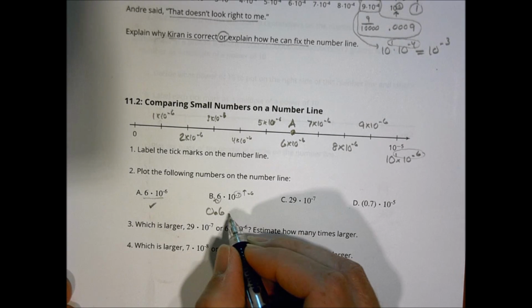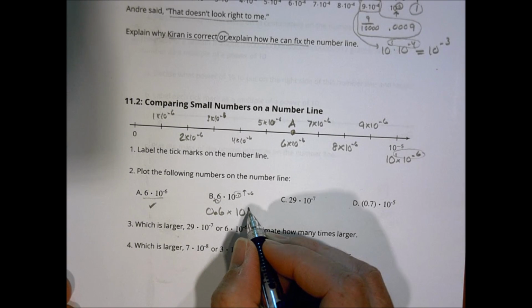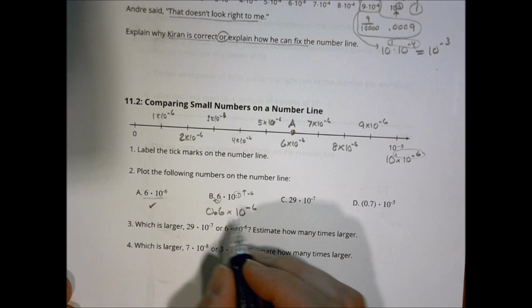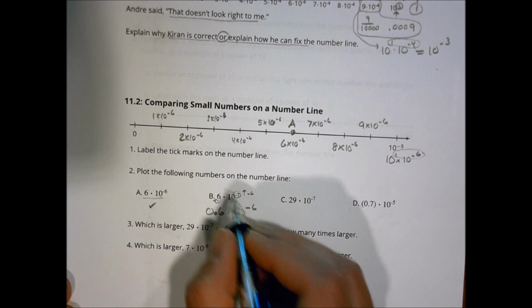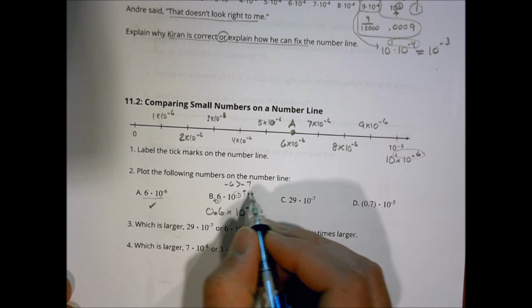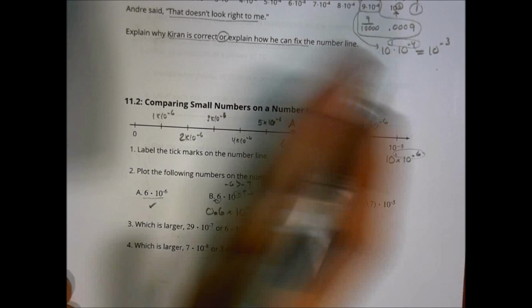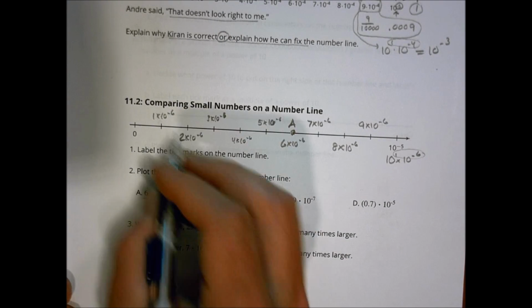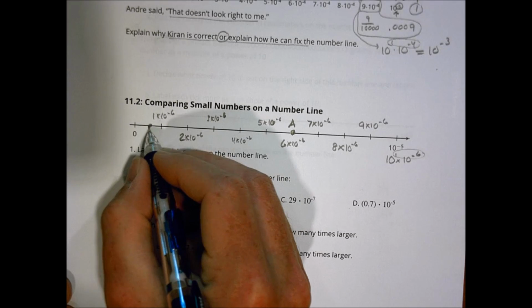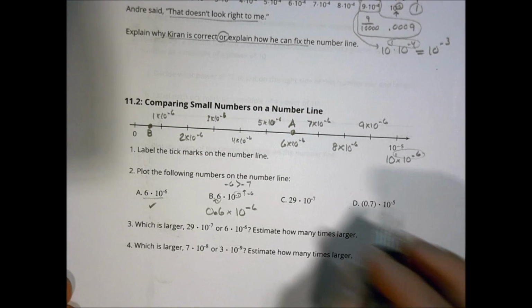So I end up with 0.6 times 10 to the negative 6. So to make it more, again, negative 6 is greater than negative 7, so that's increasing by 1 of my base 10 values. I'm going to move the decimal to the left there. So where's 0.6 going to be? It's going to be somewhere over here. So there's where B is going to be.